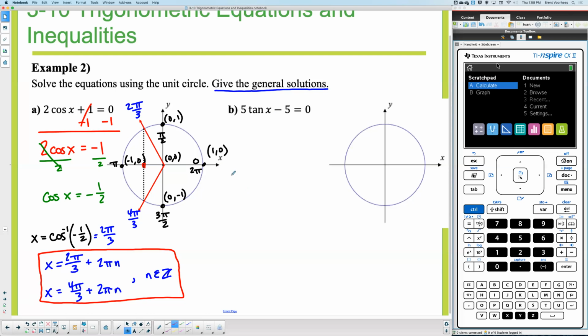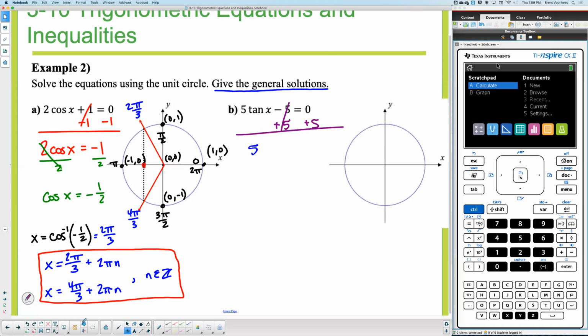Which, hey, here it is. Tangent. What would we do first on tangent? Yuri says add 5. Y'all agree with her? Let's add 5. So let's see here.